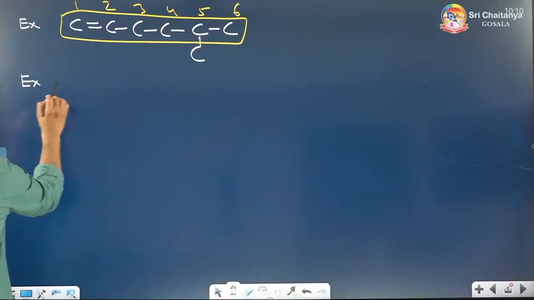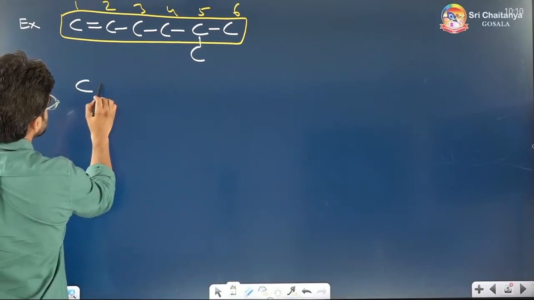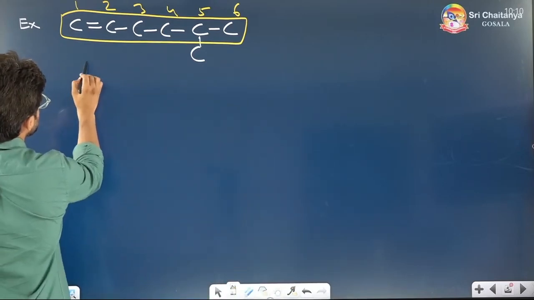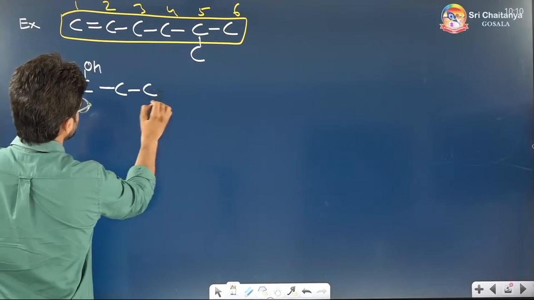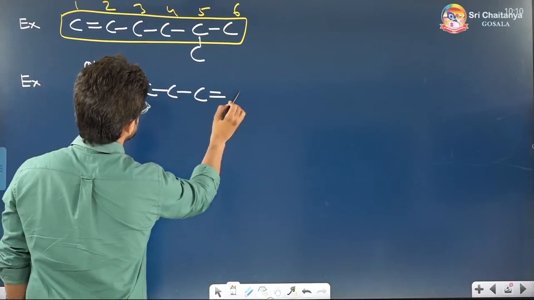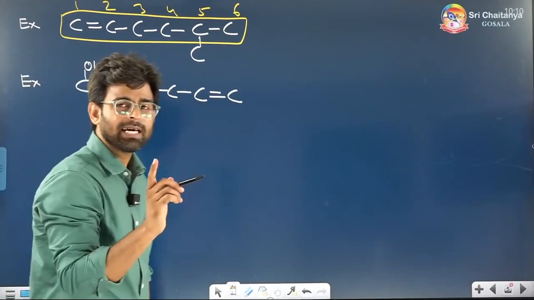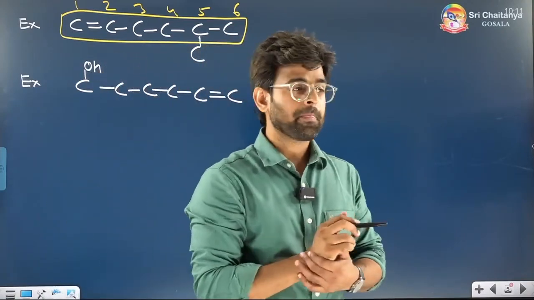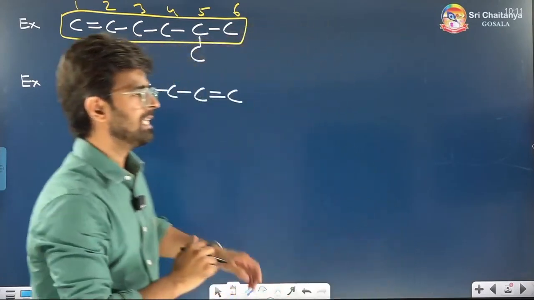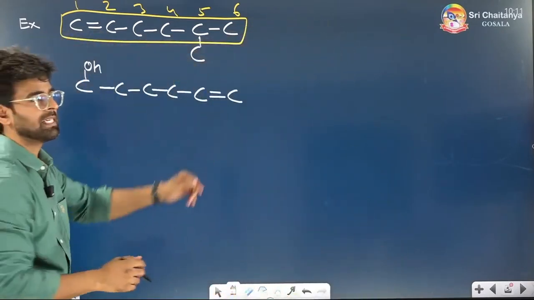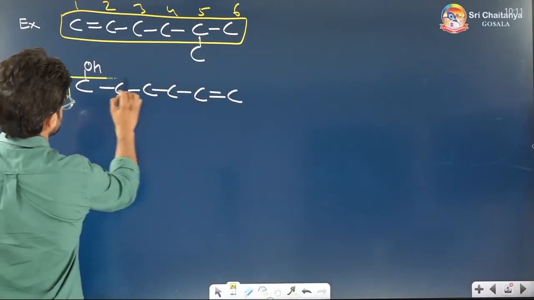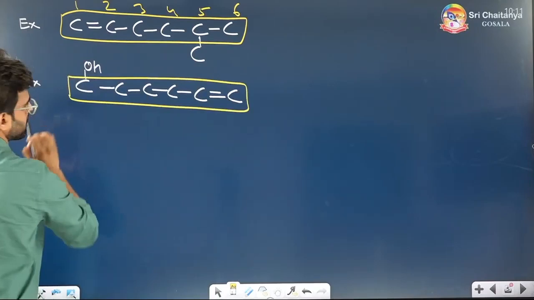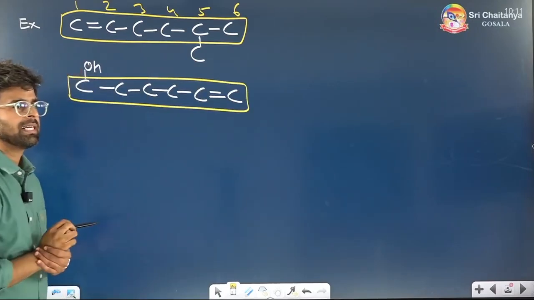We are moving to this picture. We have here C. Imagine I have OH here, OH, carbon, here carbon. Tell me now, I should start numbering from which end, left or right?